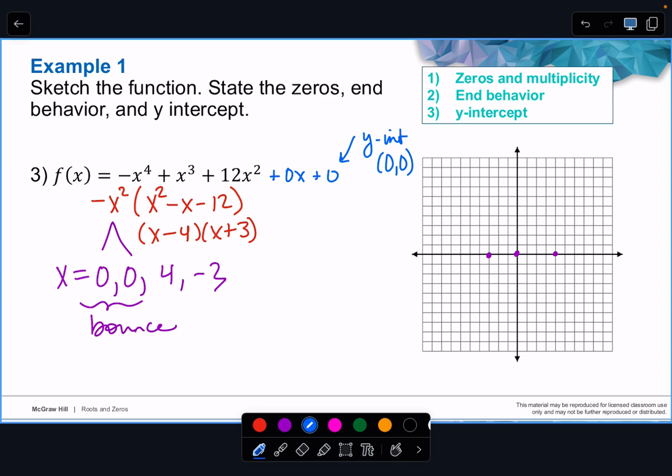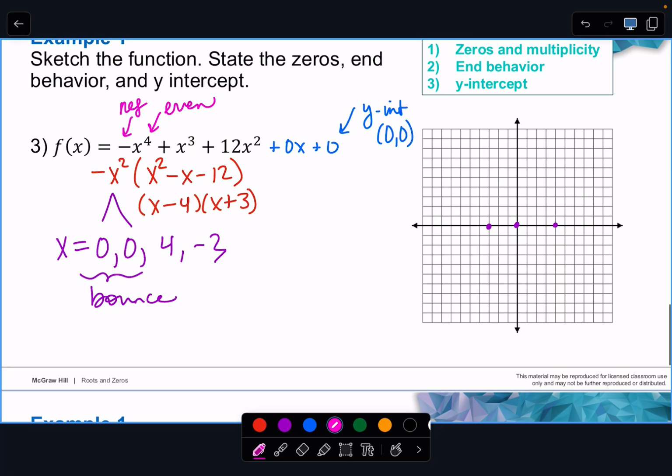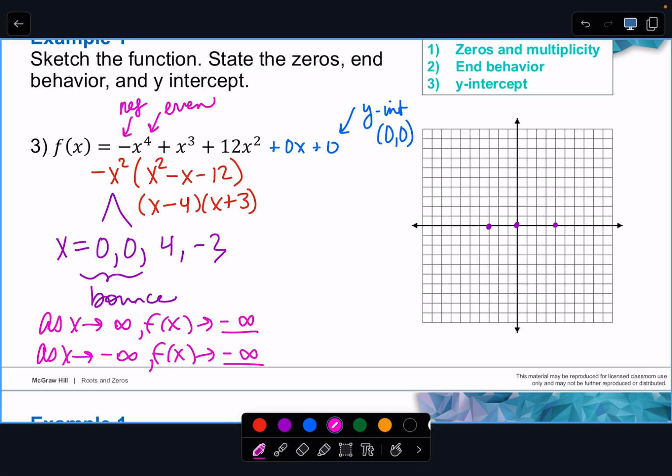It has to be from the original typed scenario. And we have negative, even. Negative, even always both go down.